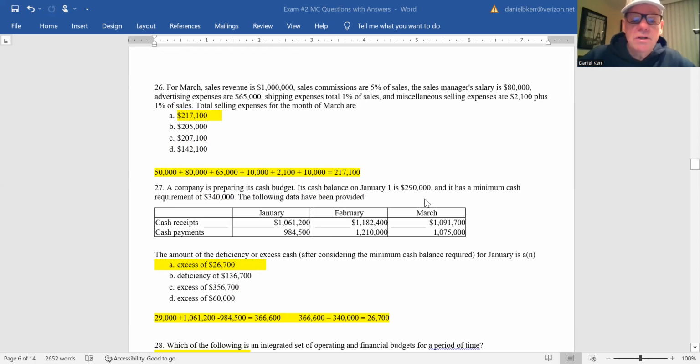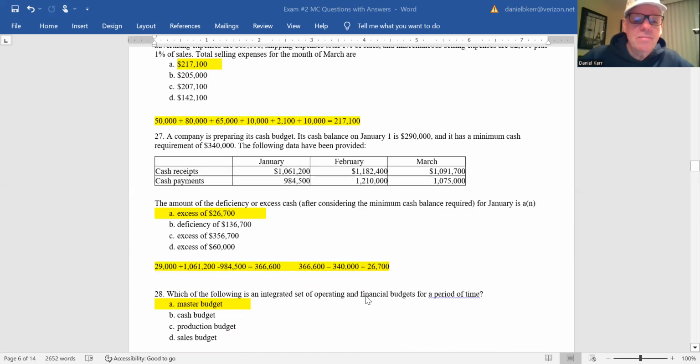You have cash receipts of 1,061,200. You have disbursements of 984,500. So that means you'd have 366,600, and the required minimum cash requirement is 340,000. So you would have an excess of 26,700. So the answer there is A.